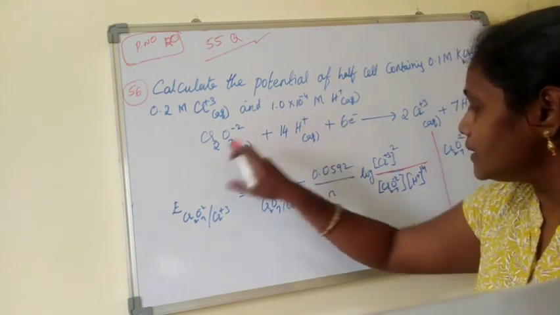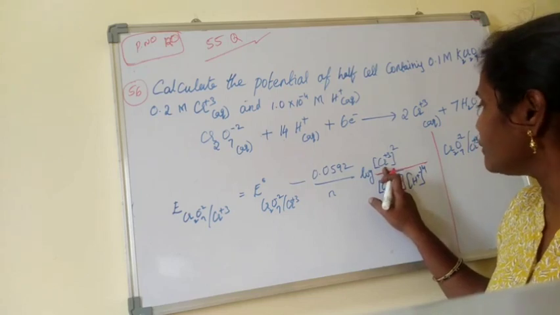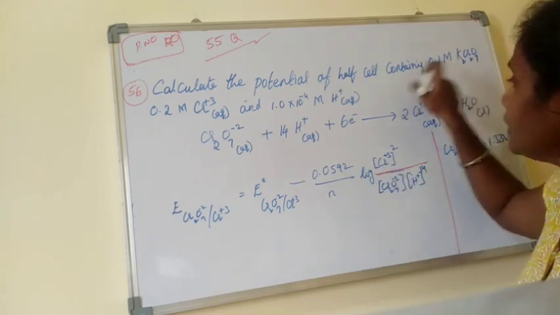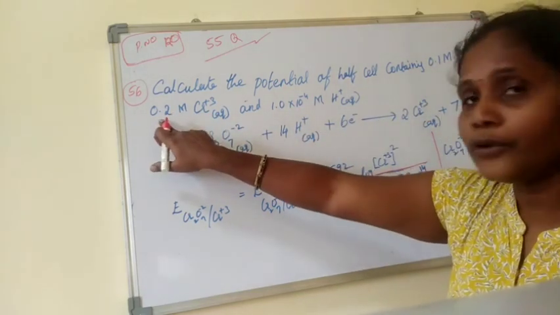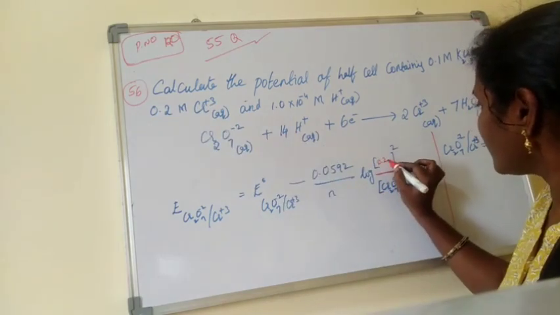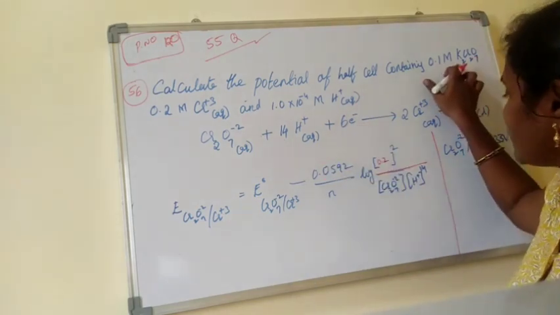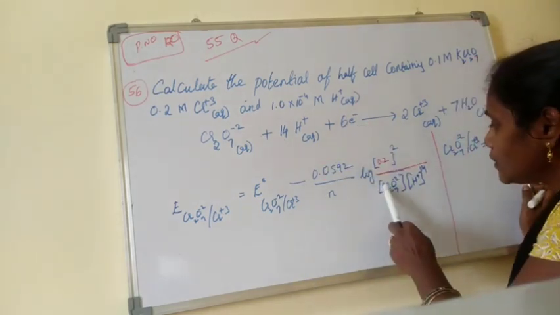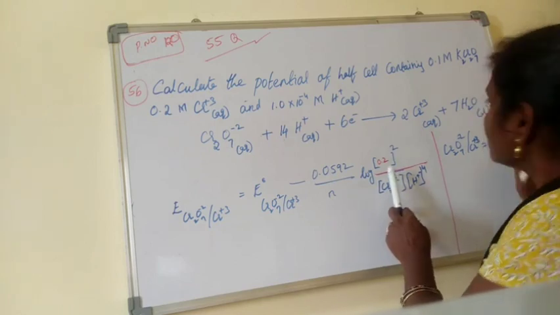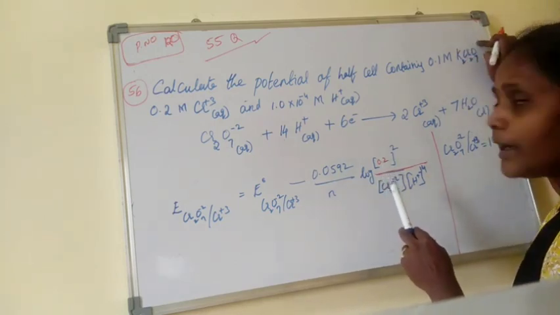To calculate, we can directly substitute. He has given chromium plus 3 as 0.2, therefore I can substitute 0.2 here. And the Cr2O7 concentration is this one only. Don't get confused. Cr2O7 2- is the same as K2Cr2O7; if I remove the K2, I get minus 2 here.